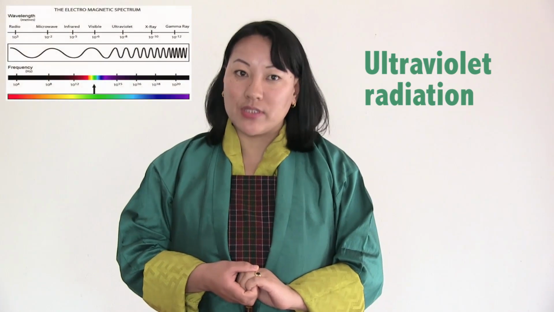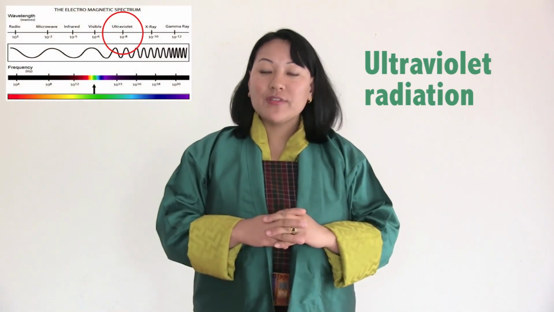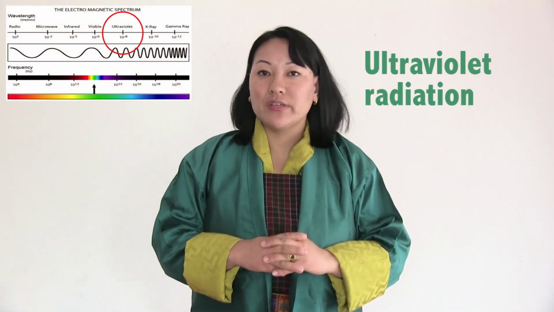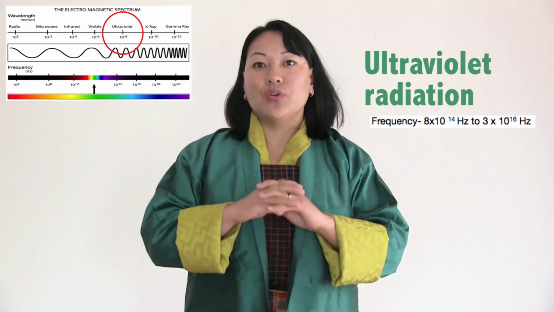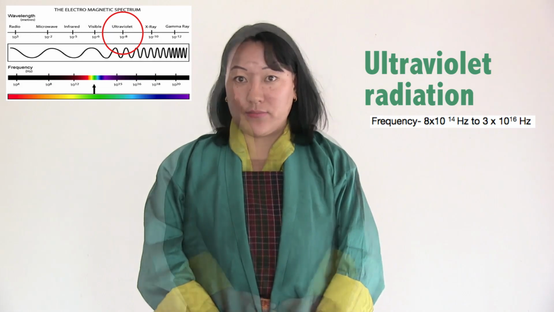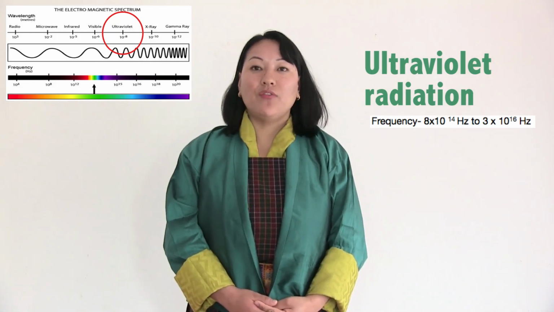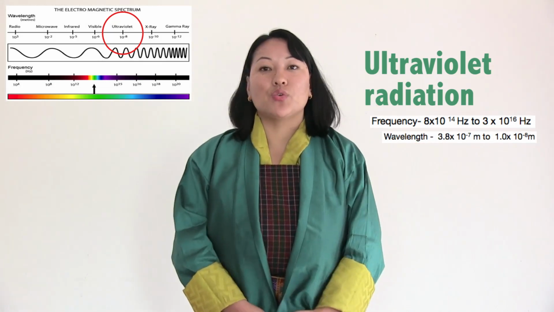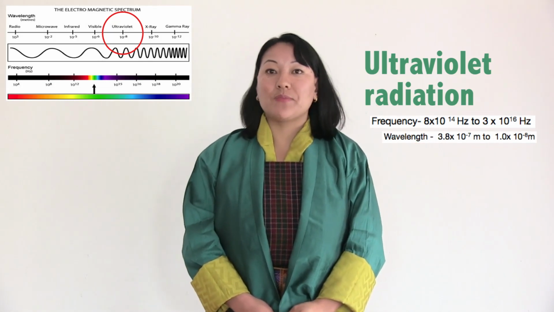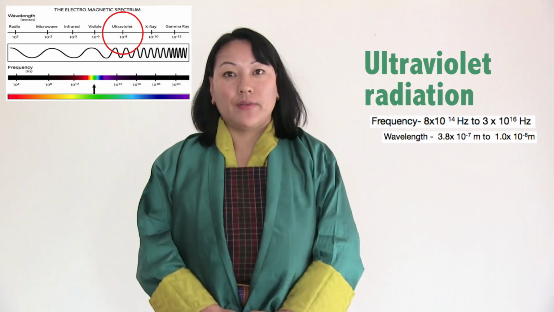The electromagnetic spectrum which lies beyond the violet end of visible light is called ultraviolet radiation. The frequency of ultraviolet radiation ranges from 8 into 10 raised to 14 Hz to 3 into 10 raised to 16 Hz, and it has the wavelength 3.8 into 10 raised to negative 7 meter to 1.0 times 10 raised to negative 8 meter.